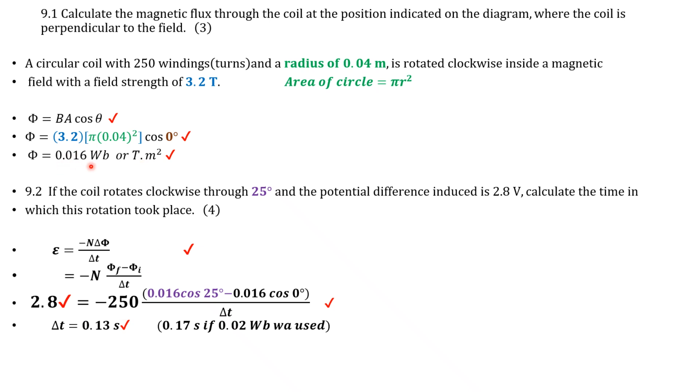We have 0.016 Weber, but the first one is cos 25, the second one is cos 0. So cos 0 is 1. If we subtract and punch all of this in together, I get a change in time of 0.136. If you rounded that off to 0.02 and substituted it in there, then my final answer would be 0.17 seconds, if we use 0.021 Weber. So we cater for based on what you have done.